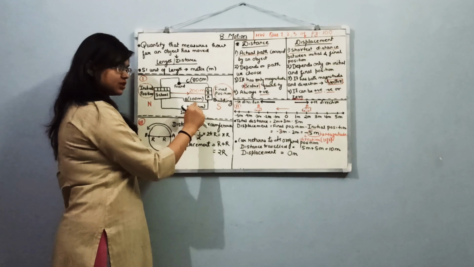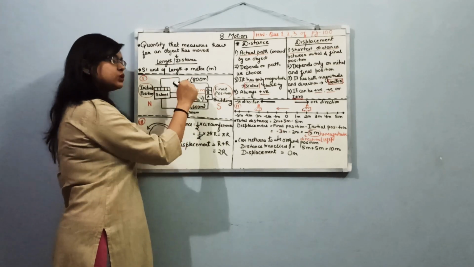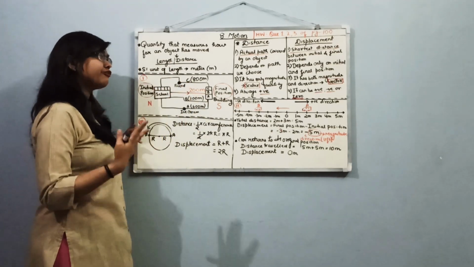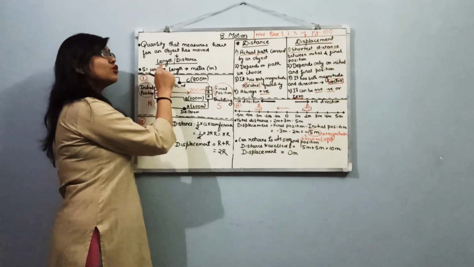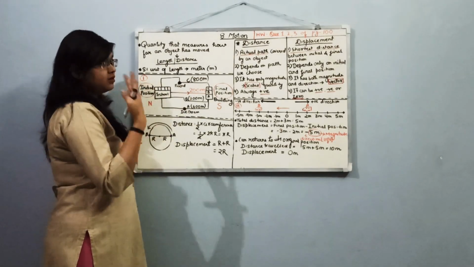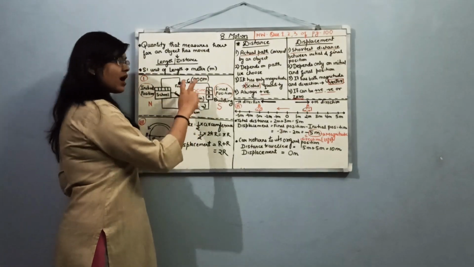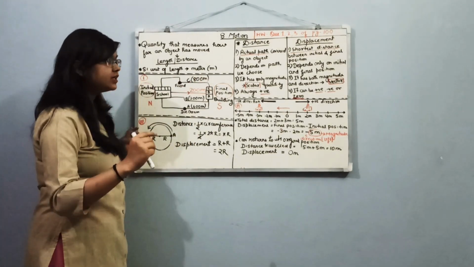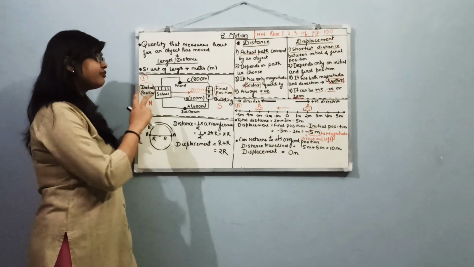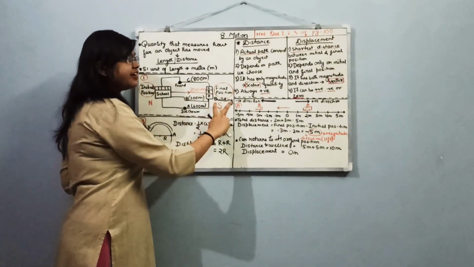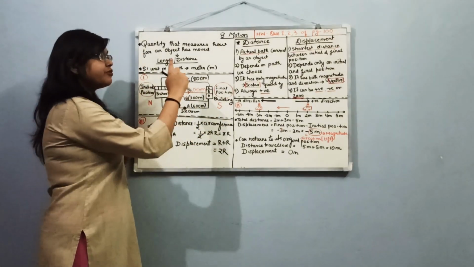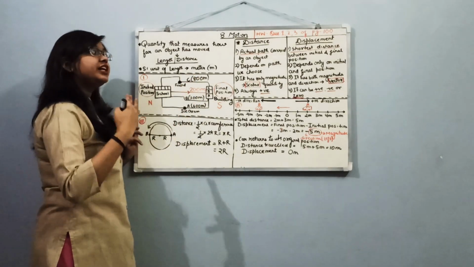Student B covers 300 meter, whereas student C is a bit naughty. He first of all goes to his friend's house, enjoys chatting, and after that goes to his home after covering 800 meter.